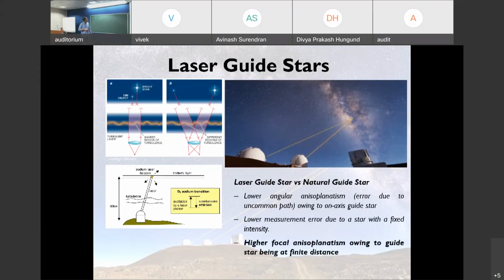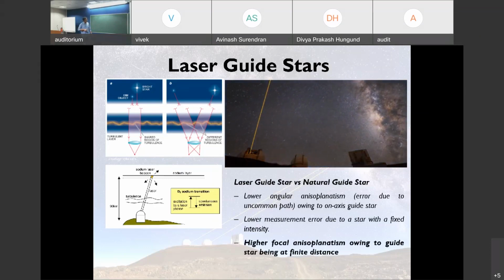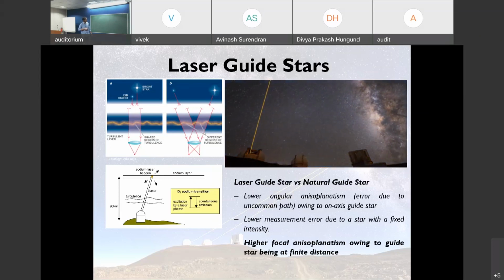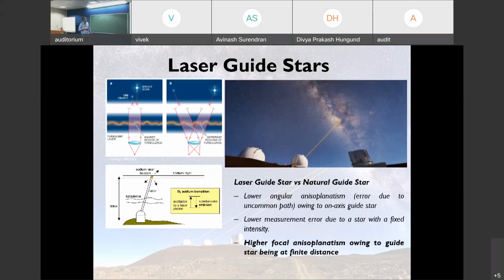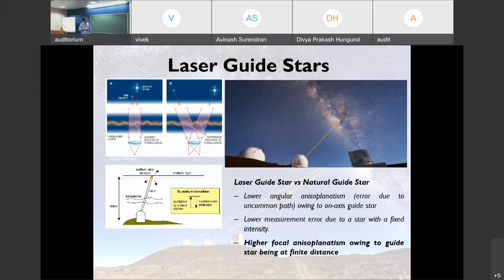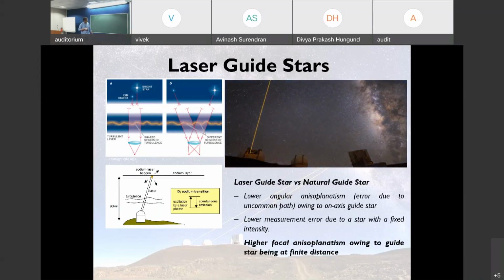But the problem here, which KAPA mainly addresses, is something called focal anisoplanatism. Here you can see that there is a cylinder of light essentially, because the object is at infinity. But if we are using a laser guide star, the laser is formed somewhere here in the Earth's atmosphere at a region of 90 kilometers elevation.